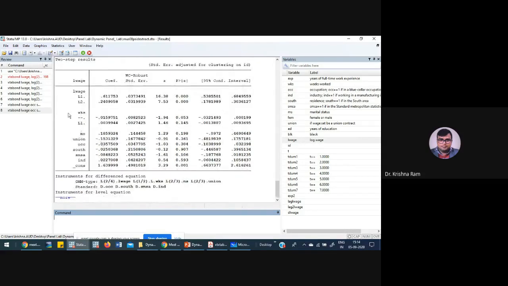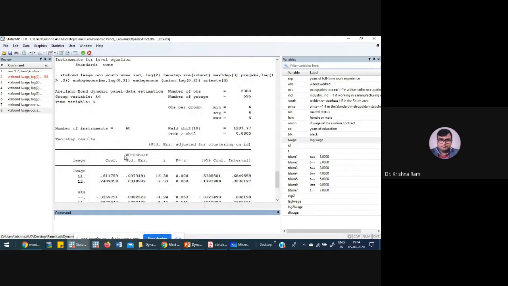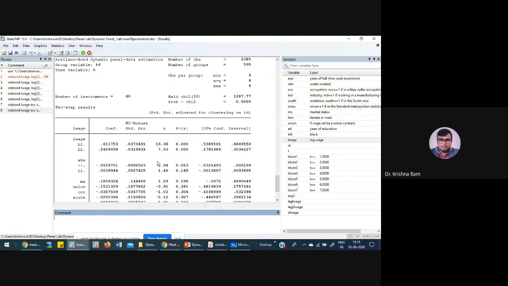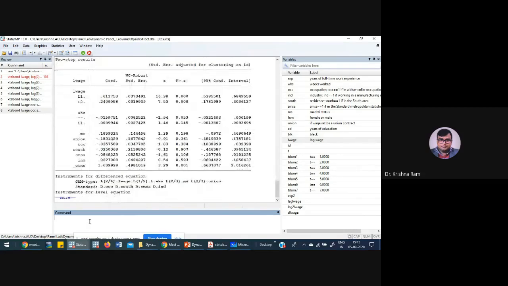And how many parameters are you estimating? Only 11. Including the constant, it is 11. So for 11, we are using 40 instruments. So these are the results.